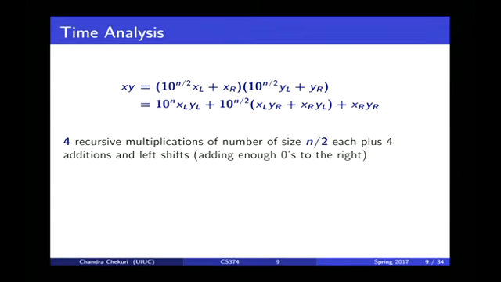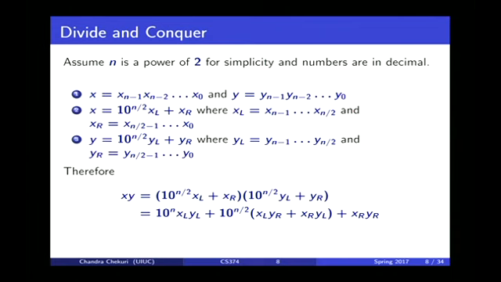So T of n is 4T of n over 2 plus the addition cost. Because I'm adding, the multiplication by powers of 10 is just a shift, right? I can add n zeros to it. If I have this sum, how many digits does this number have? Only n basically, maybe 2n. So I'm adding 4 numbers of length about n each, so it should take about n time.